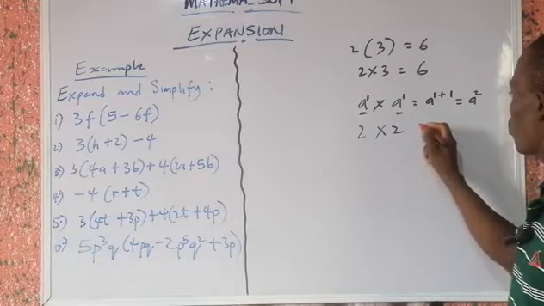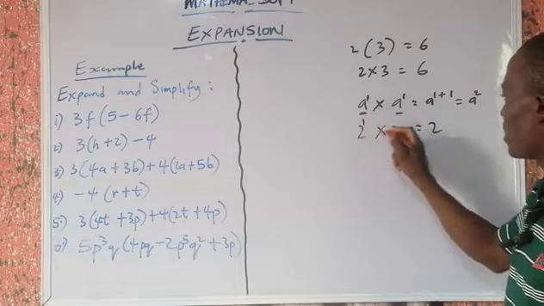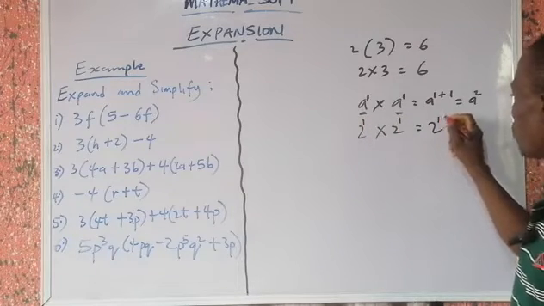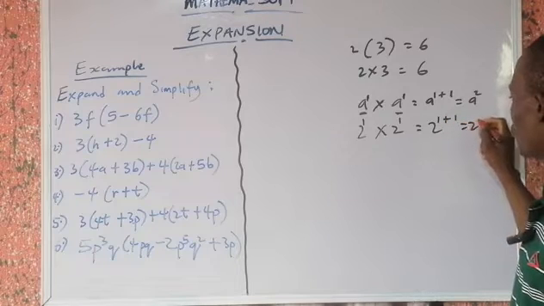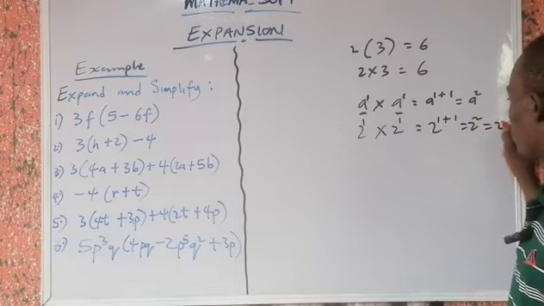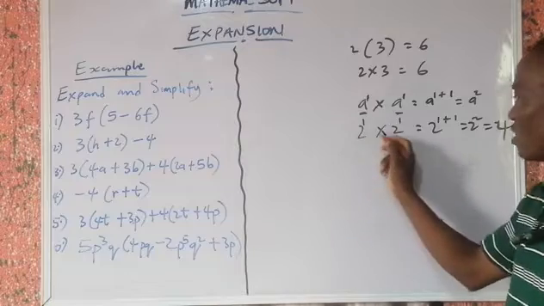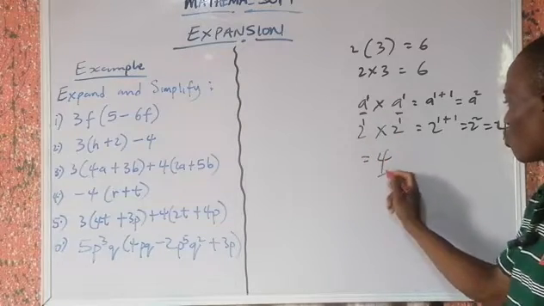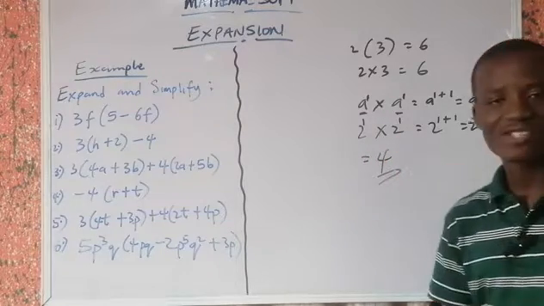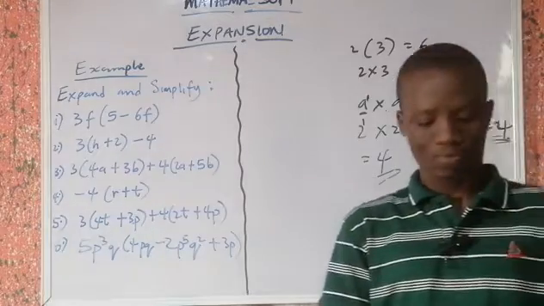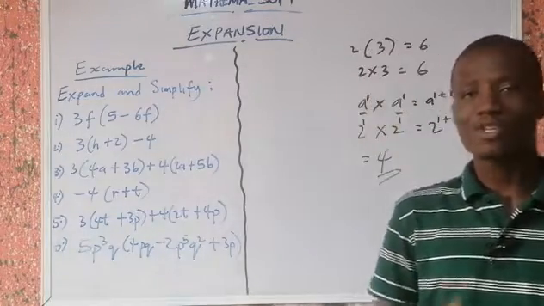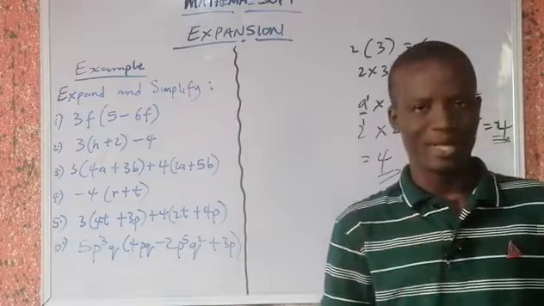There is 1 here, there is 1 here, so that will be 1 plus 1. That's 2 raised to power 2, which is equal to 4. And definitely we know that 2 times 2 is actually 4. So this law follows the fundamental principle in mathematics. So you have to have this knowledge in mathematics.